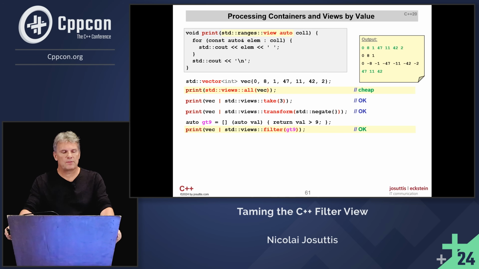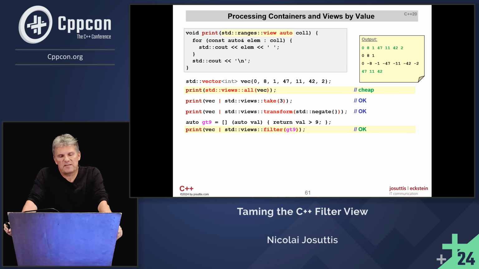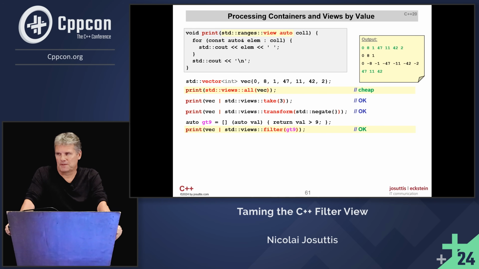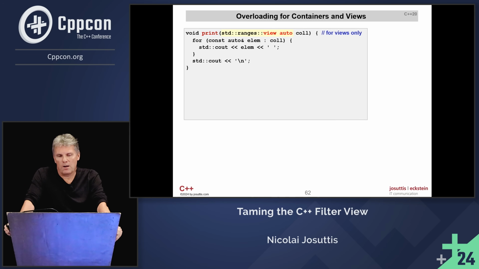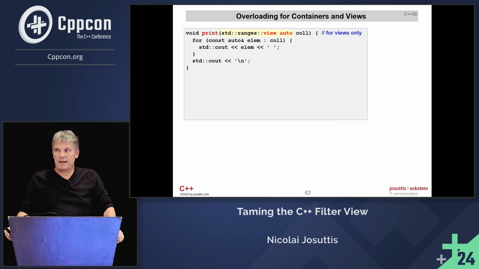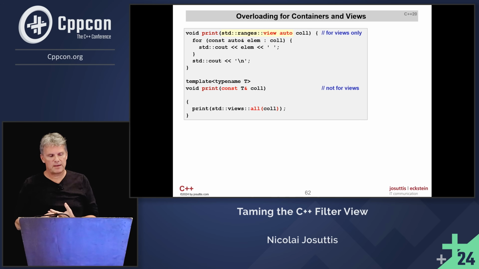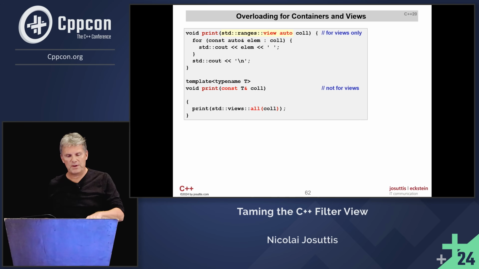How can we otherwise support that? Now, there's an all view creating a reference semantic API for all elements, and that is a view that can be passed. Or you can do iterating by value for views, and otherwise take a reference and then create this all view.